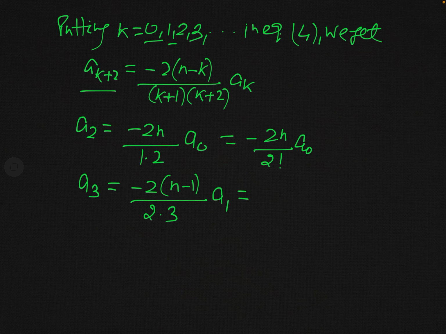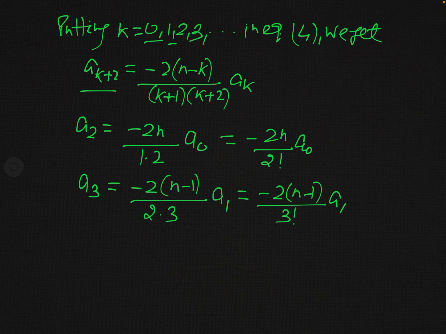Now you can write this expression in this way. This is minus 2 n minus 1 over 3 factorial a1. This is the value of a3.